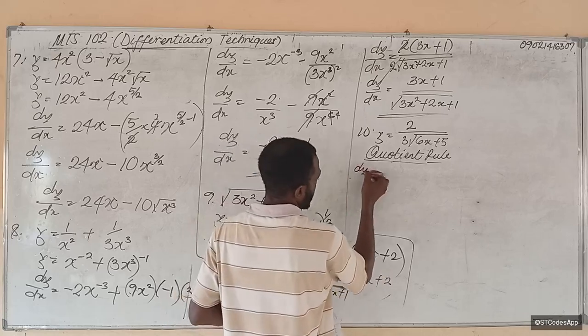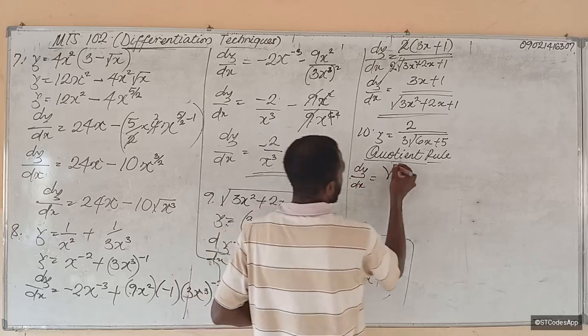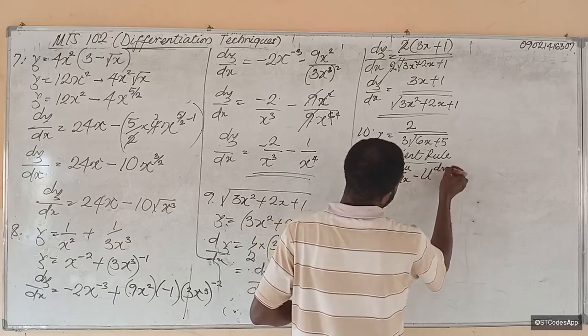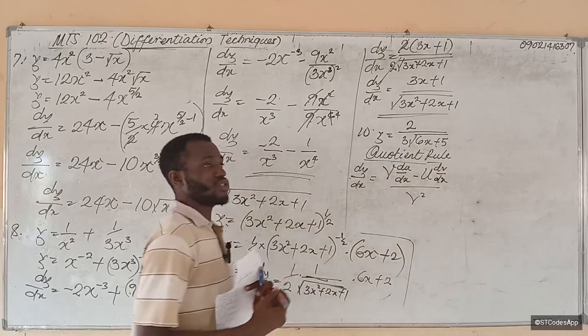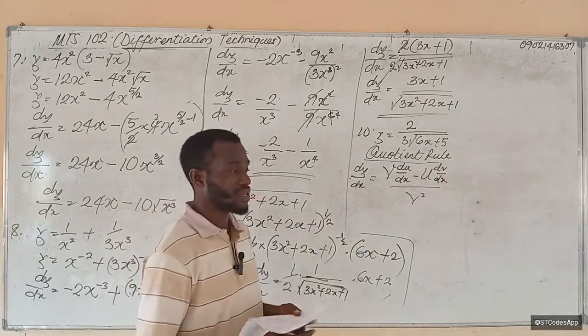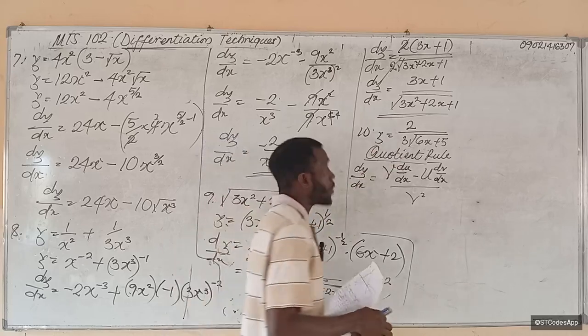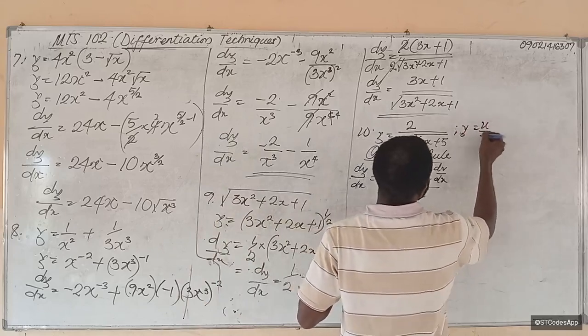The quotient rule says that dy dx of a quotient is going to be equal to v du dx minus u dv dx over v squared. The way I teach it to my students is, say, you know, v is the one at the bottom. Okay, the form of this is for y equal to u over v.